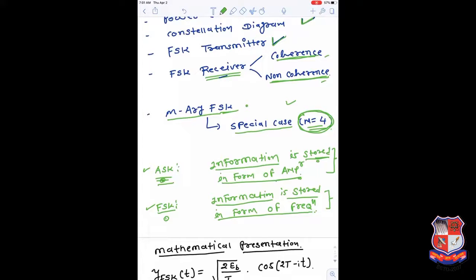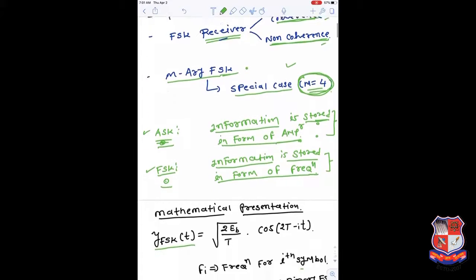So basically the information is stored in the form of amplitude. Whereas in FSK, the information is stored in the form of frequency. So if we have a bit 1, we can transmit with a carrier signal of frequency F1, and if we have a bit 0, we can transmit with a carrier signal of frequency F2, that we will see in the same lecture.